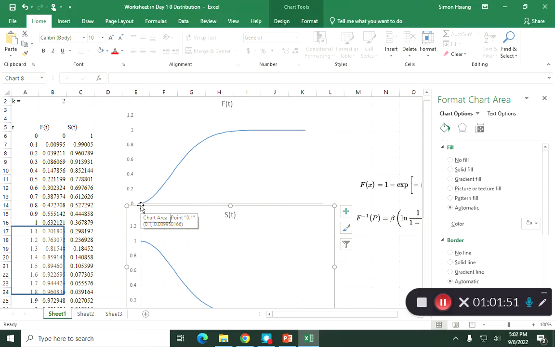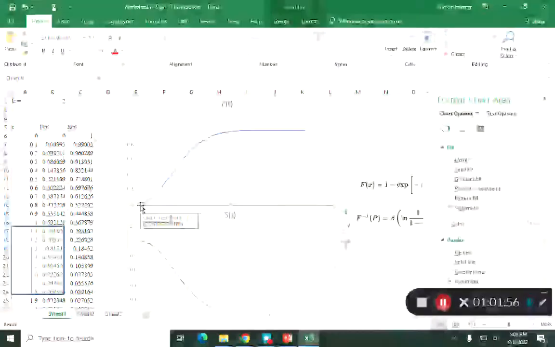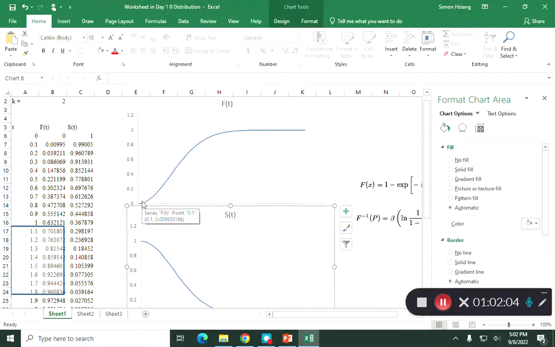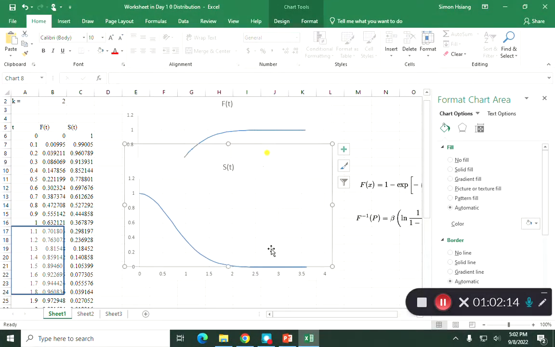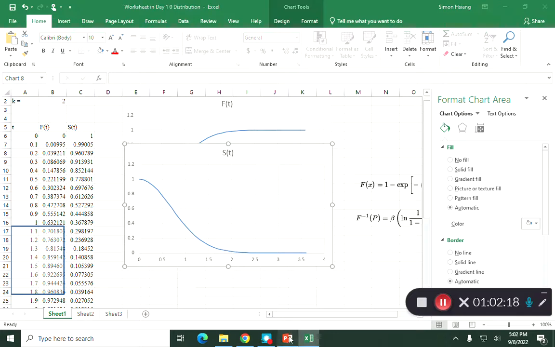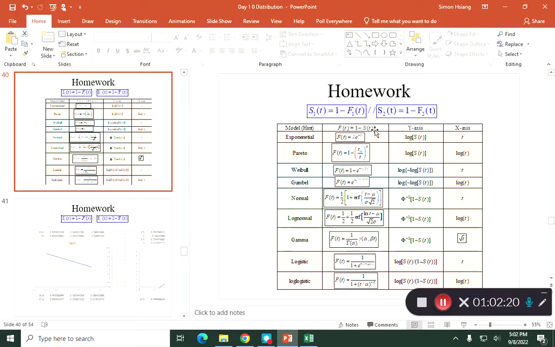In other words, at the beginning I have 100 soldiers, 100 machines, whatever. At time 0 everybody survives, so it's 100%. How many failures? None. At the end, all fail, nothing lasts forever, and ST is going to be close to 0. So FT and ST look like that.